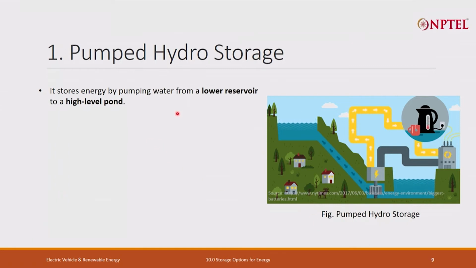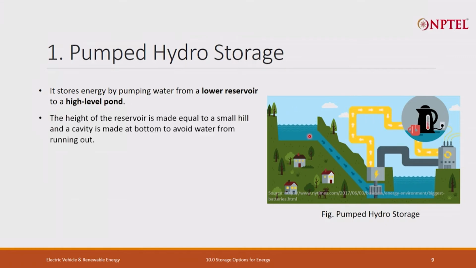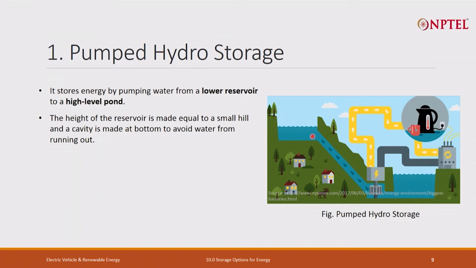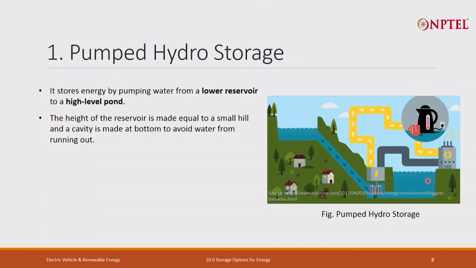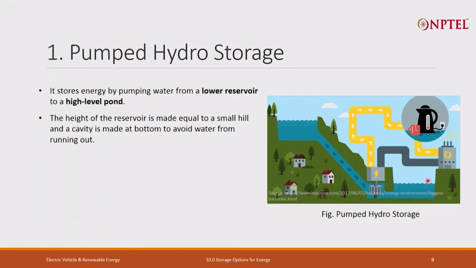It stores energy by pumping water from the low reservoir to the high-level reservoir. The height of the reservoir is made equal to a small hill because you need huge potential energy, and a cavity is made at the bottom to avoid water running out. There would always be losses because of vaporization and other things, but generally they get made up by rainwater.